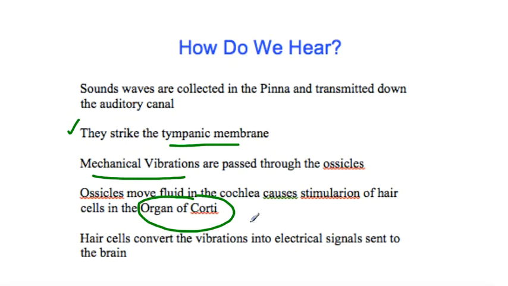And so as the fluid moves over, the hairs start to wave back and forth and vibrate, and this causes electrical signals, or what we call transduction, that goes down the cochlear nerve into the brain. So hair cells inside the organ of Corti, that's kind of what we want to remember. So that's how hearing works.